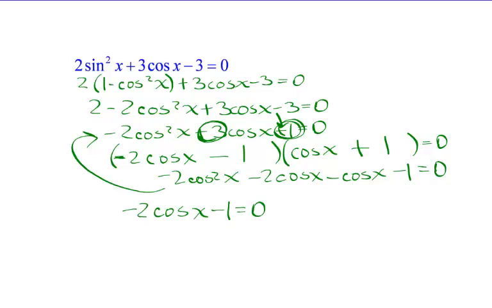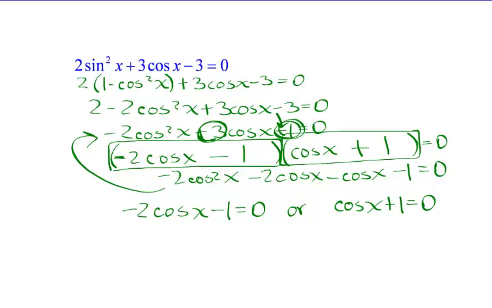Either that factor equals 0 or this factor equals 0. It's the only way two things are multiplied together and their product equals 0. One or the other of those things had to equal 0.